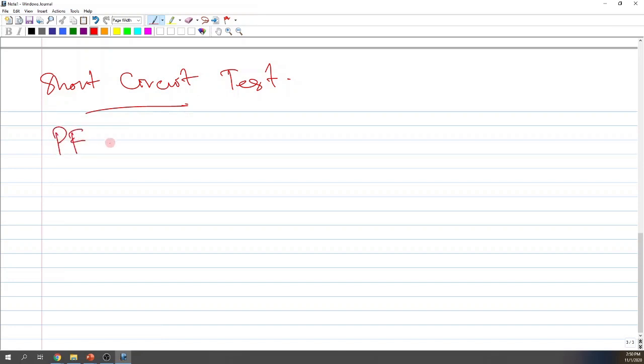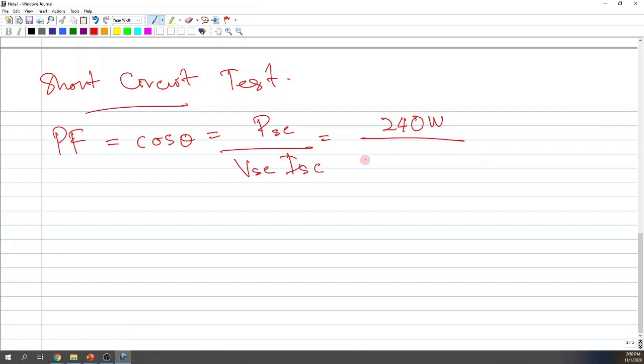So the power factor for the short circuit test is equal to PSC over VSC ISC, equal to, so ni 240 watt, kat sini adalah 489 times dengan 2.5 ampere. Okay, and then we get 0.196. Okay, don't forget it's lagging.